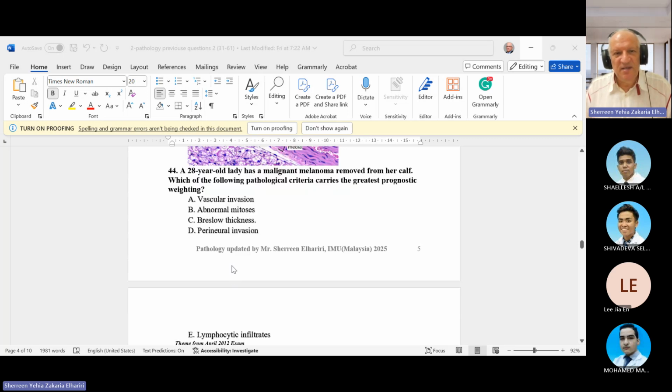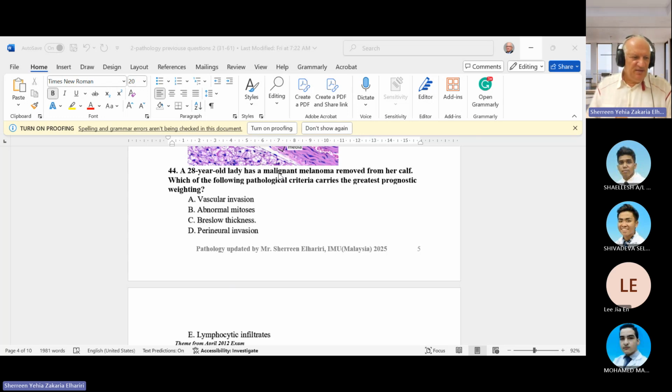Next question is about a 28-year-old lady who has malignant melanoma. Melanoma, it is not necessary to mention malignant; melanoma means malignant. It is common in Australia, common in the UK, and common in exams. Removal from her calf. Which of the following pathological characters carries the greater prognostic weight?